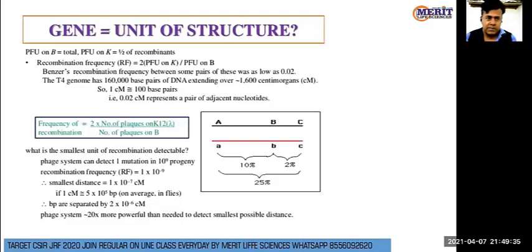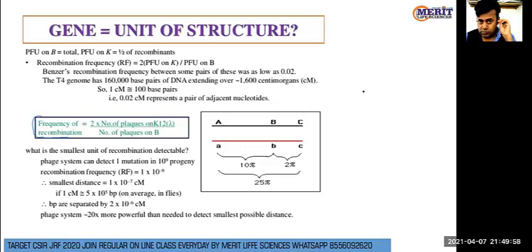Alright, so similarly we were calculating the colony forming unit because bacteria don't show meiosis, and I have explained Benzer's experiment. So what formula can you apply to determine the percent recombination frequency in that experiment where phages and bacteria are there?